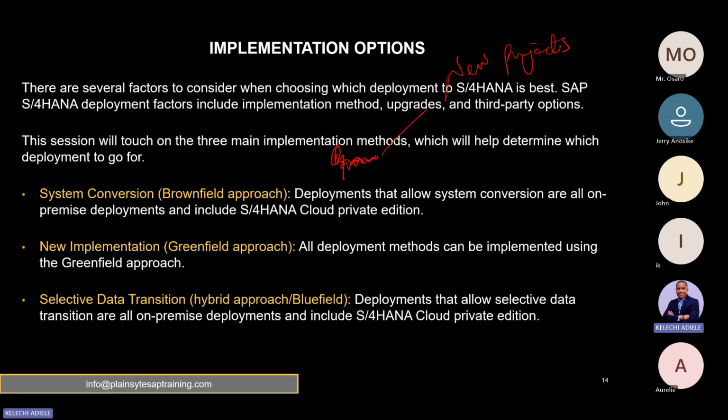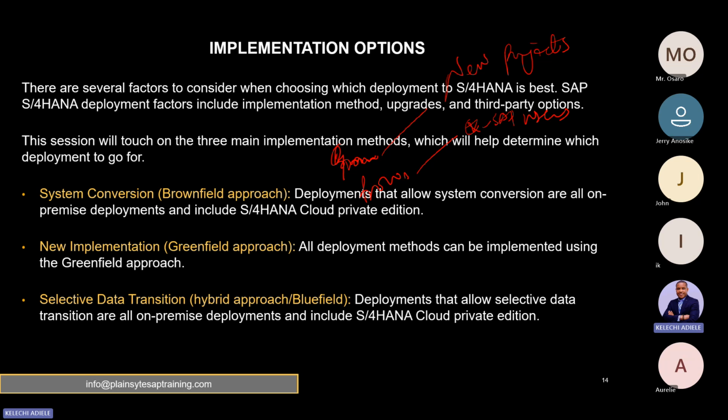Brownfield project is when they have been on SAP before, so I would say ex-SAP users. If they were using a version of SAP, for example SAP Business One, SAP ByDesign, or SAP ECC, and they want to move from that ECC to S/4, which is the new version we want to adopt in FlexTube. That is what we call a brownfield project.